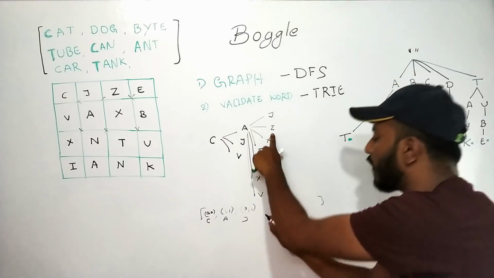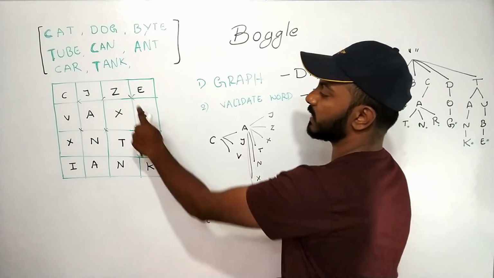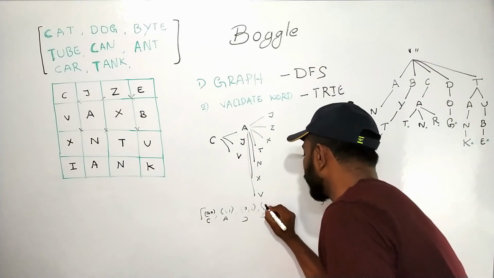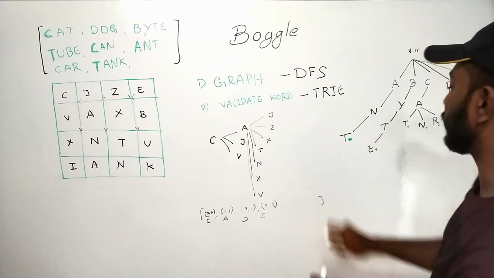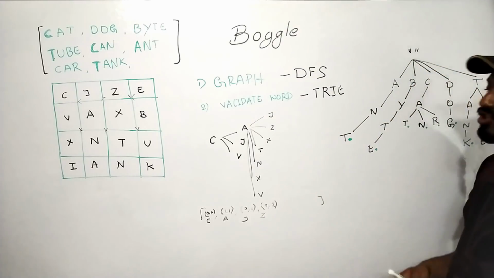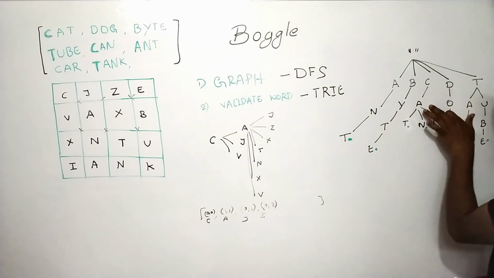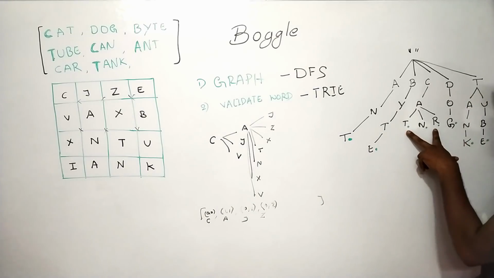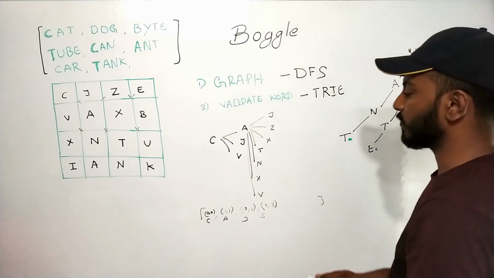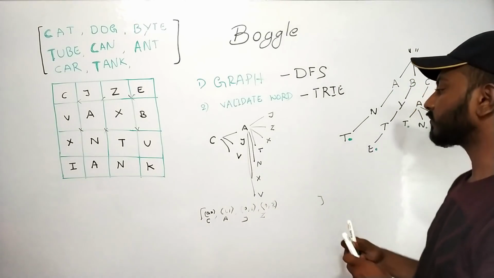Now add it to the visited node. Z is at 0, 2, add it to it, and then go to the tree and check for that particular combination. Since we are already in here, that is CA, check for Z. There is no possible valid word in here, so this is also not possible, so we can just cancel this out.